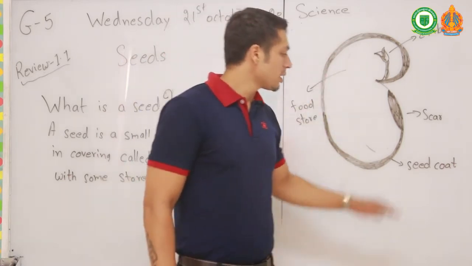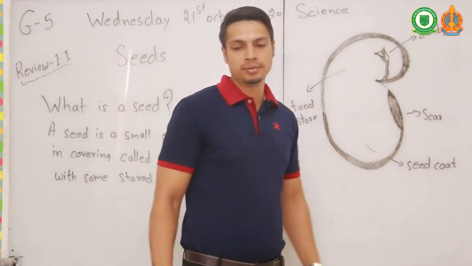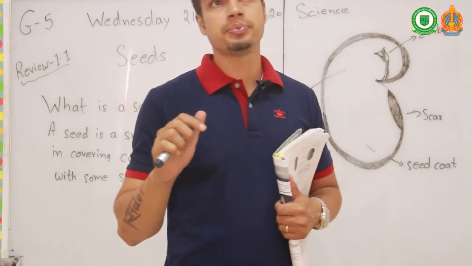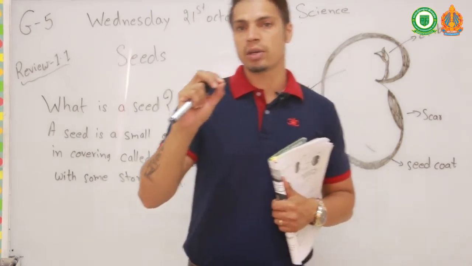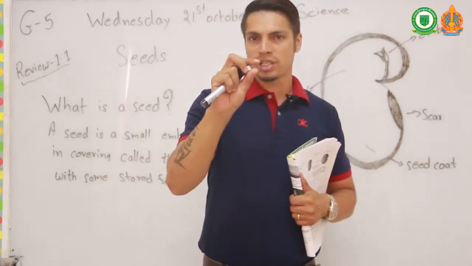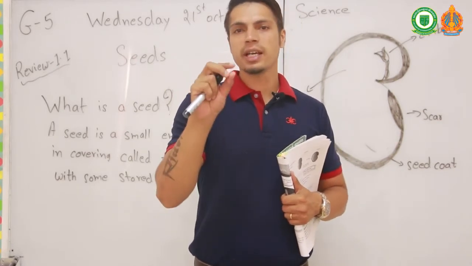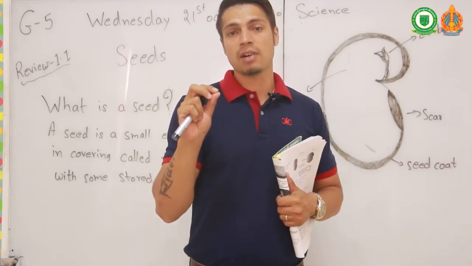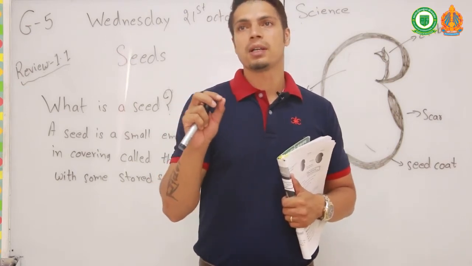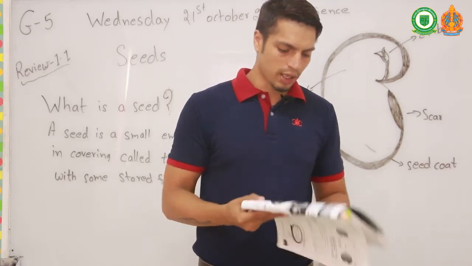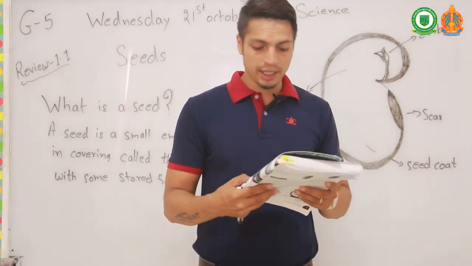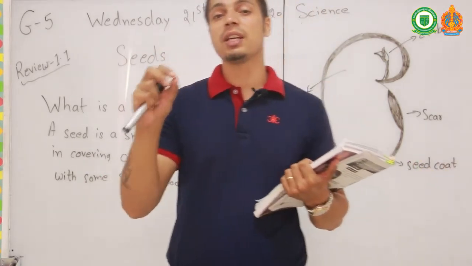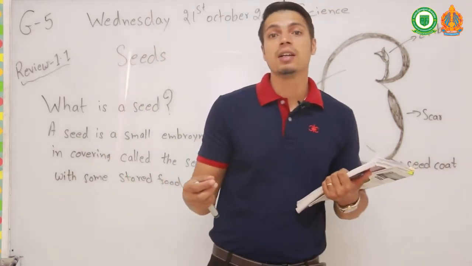And what is the function of the seed coat? If you check a seed, try to take off the covering. You will see it's a different color inside. Like with bean seeds, you can take off the covering and see a different color inside.